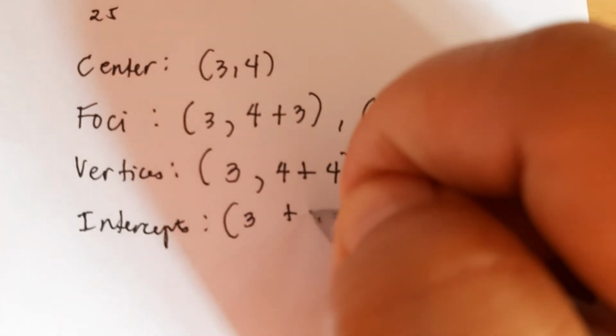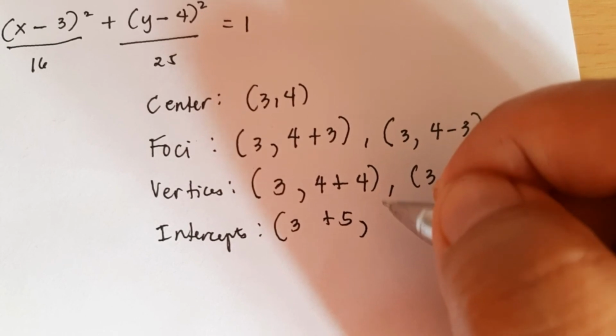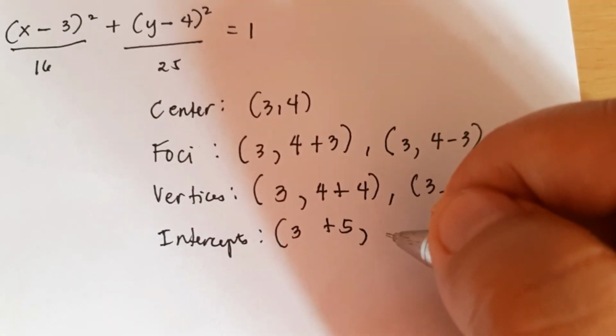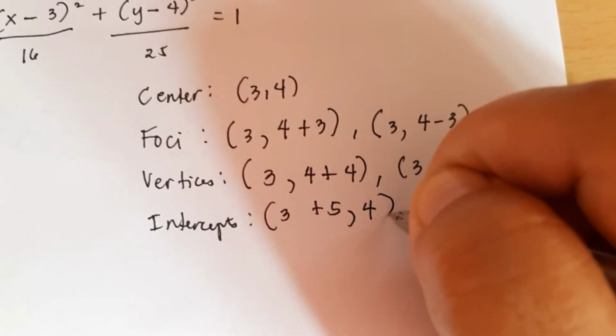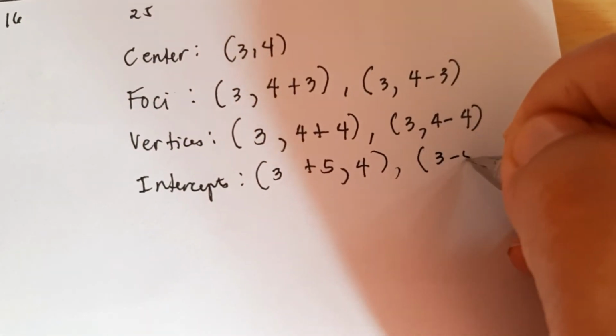Ang b ay 4, k, which is 4, and 3 minus 4, 4. So, lagyan natin ang sagot.